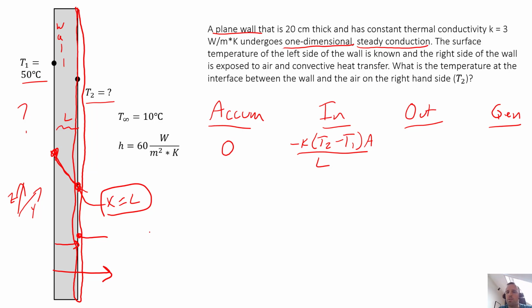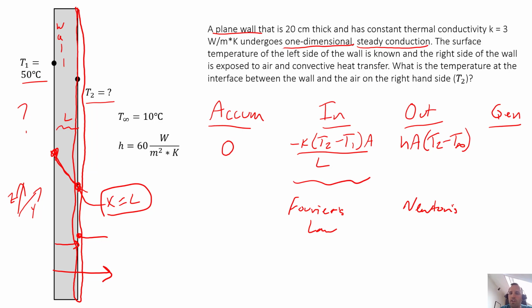So our out term is going to be by Newton's law of cooling, which is hA times (T2 minus T infinity). So we've applied Fourier's law here, and Newton's law here.